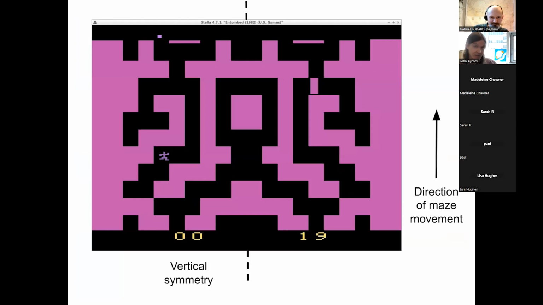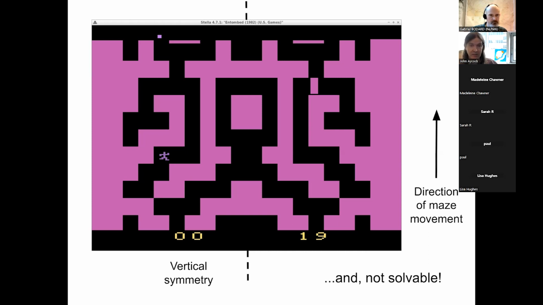Entombed was a maze-based game, and mazes were featured in a number of early games. This particular maze in Entombed continually scrolled upwards, and you can see that the maze layout was symmetric. You can also see that this maze by itself is unsolvable. You can't make it through to the bottom.